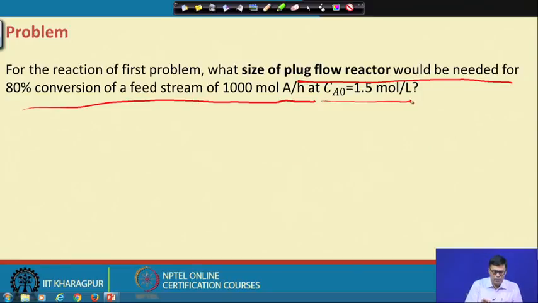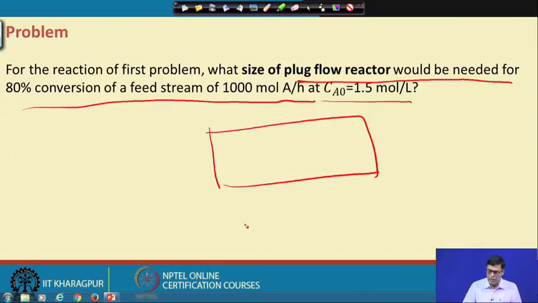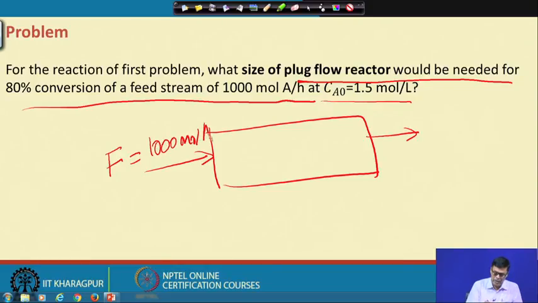Now what are they saying? Suppose this is the plug flow reactor, this is the input, this is the output. What is the input that we have here? Flow rate is equal to 1000 moles of A per hour, am I right? And what is CA0? CA0 equals 1.5 mole per liter.